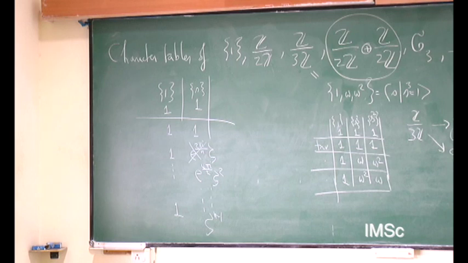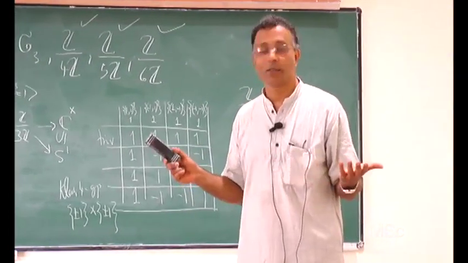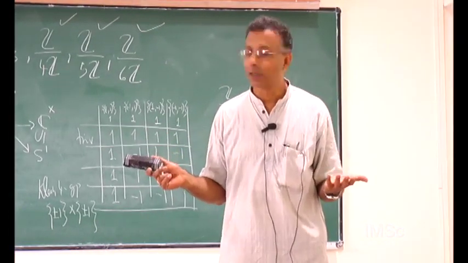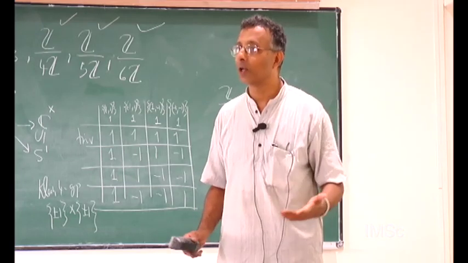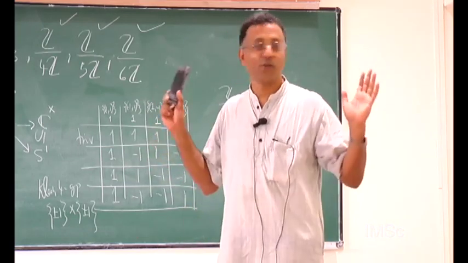Like I said, there are so many things you can do with the character. The character table has beautiful structure. If you look at group theory books, they go on and on, and there's no end to it. You can enjoy this for the rest of your life.